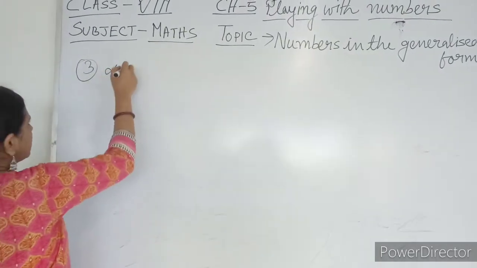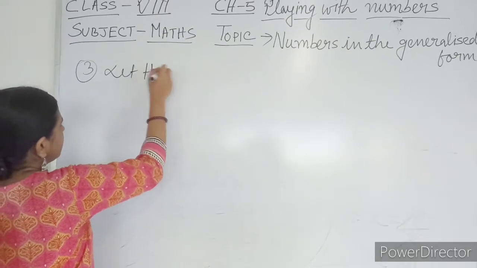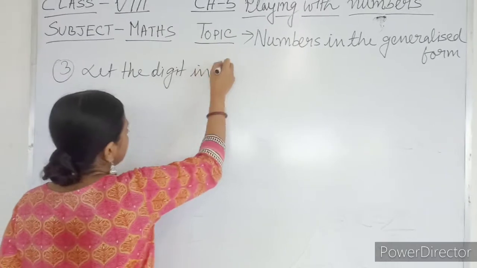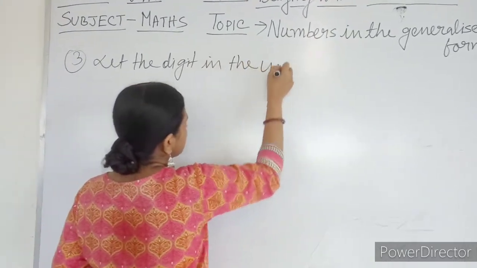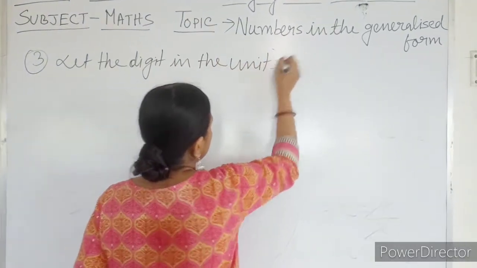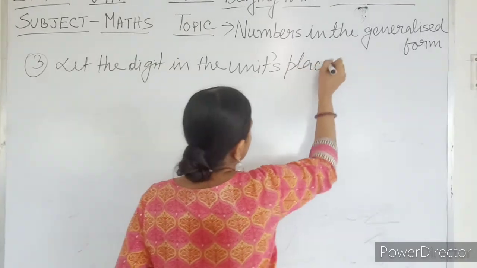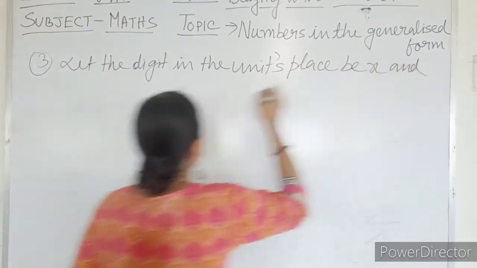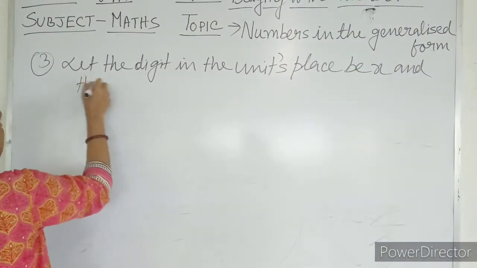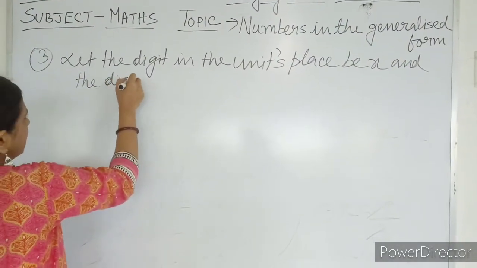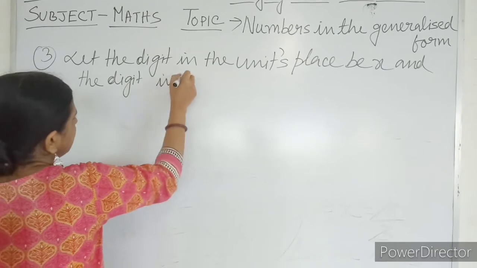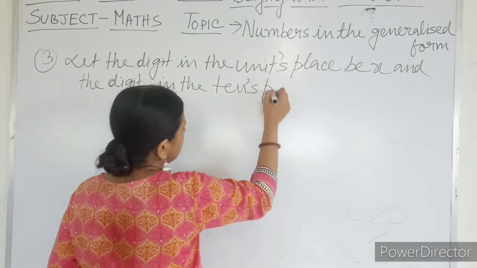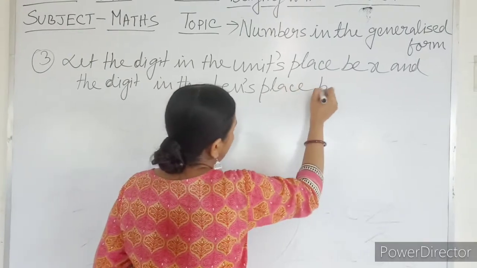So let the digit in the units place be x and the digit in the tens place be y.